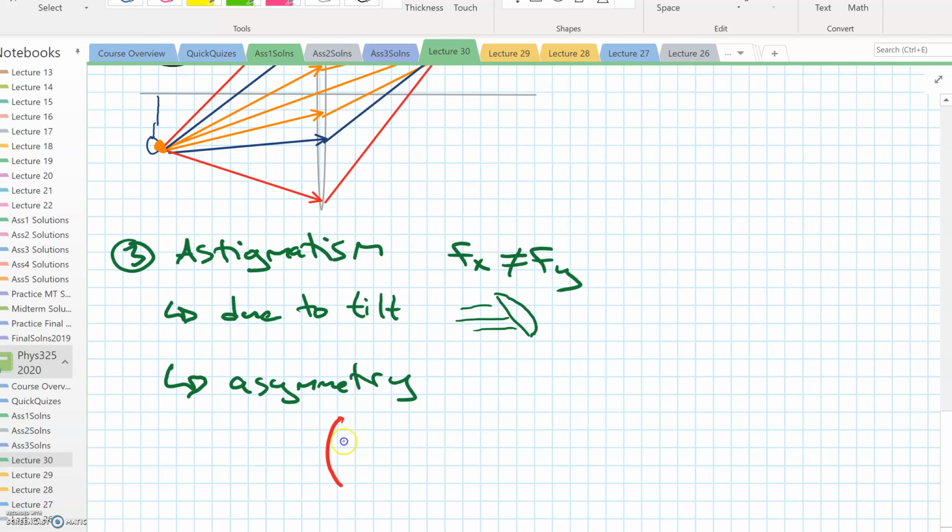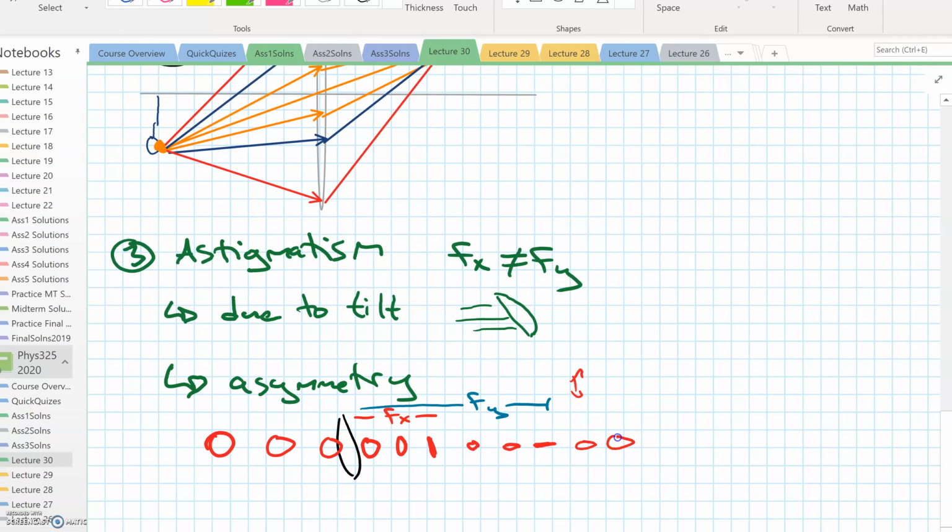It would go through, and let's say it focuses more tightly along X. So it would come to that focus along X here, and it would still not be focused along Y. It would start to come out, and then it would hit the focal point along the Y direction before coming back out.